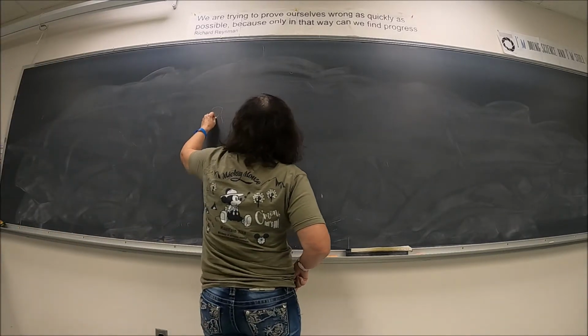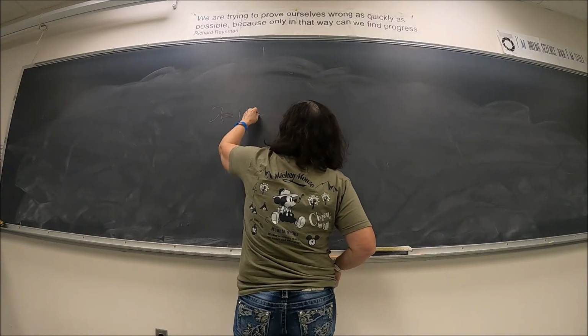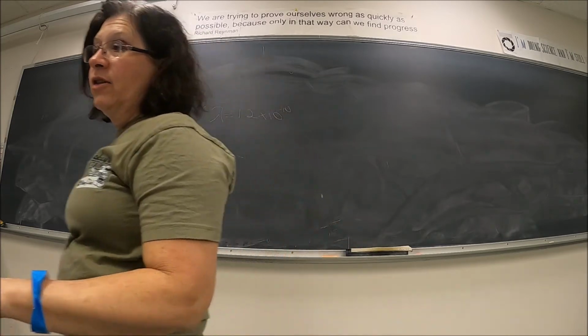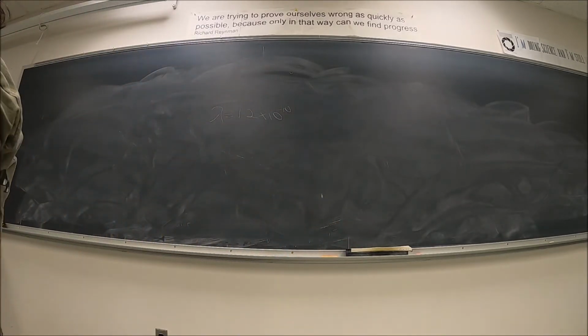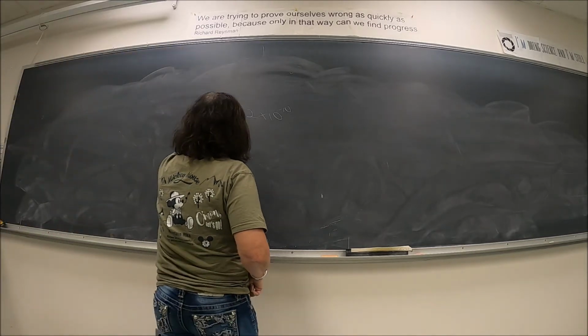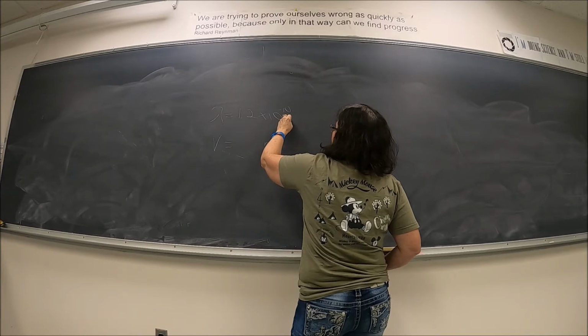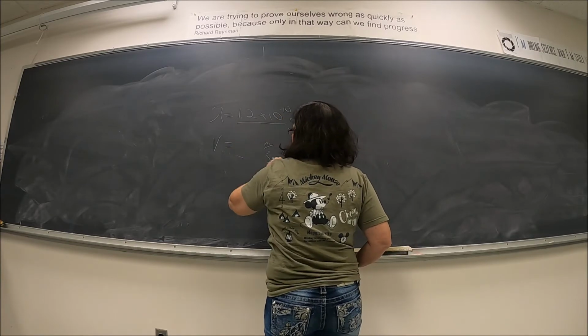So we're told that lambda is 1.2 times 10 to the minus 10, and we're asked to calculate the velocity. And that should be in meters per second, and this would be in meters.